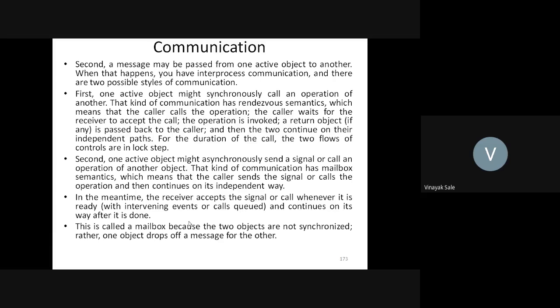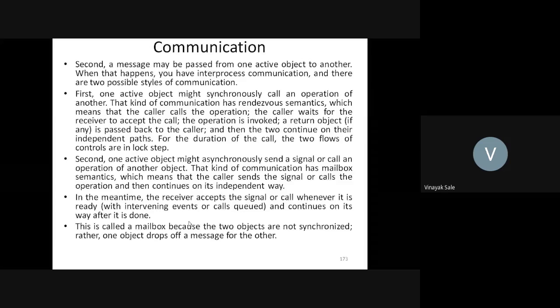Second, one active object might asynchronously send a signal or call an operation of another object. That kind of communication has mailbox semantics, which means the caller sends signals or calls the operation, then continues on its independent way.